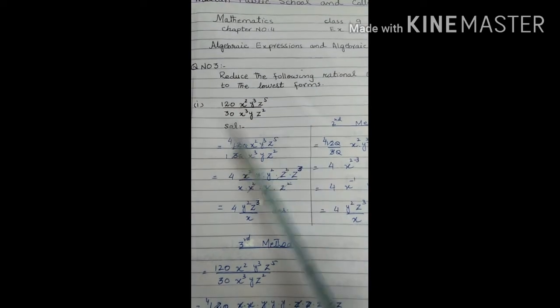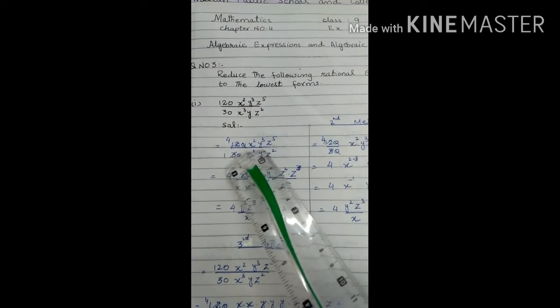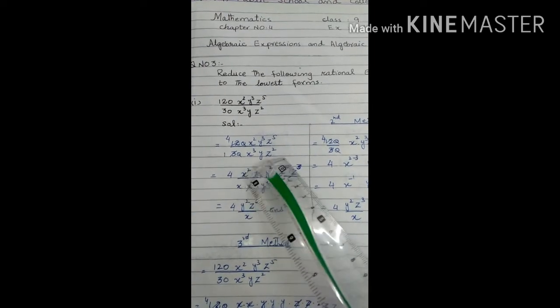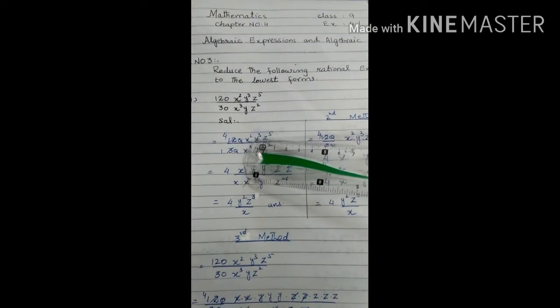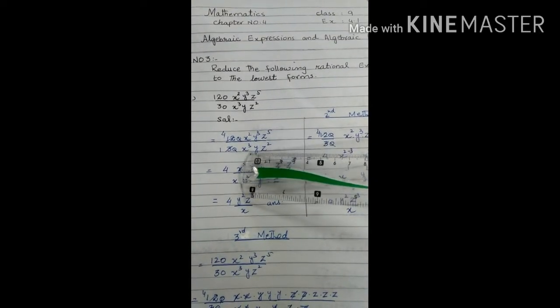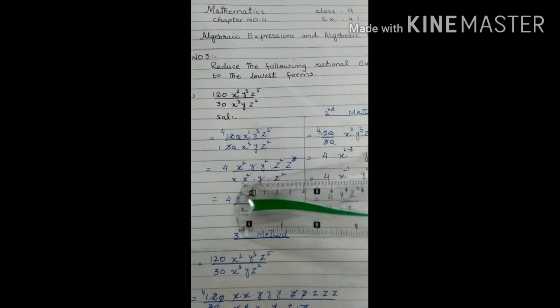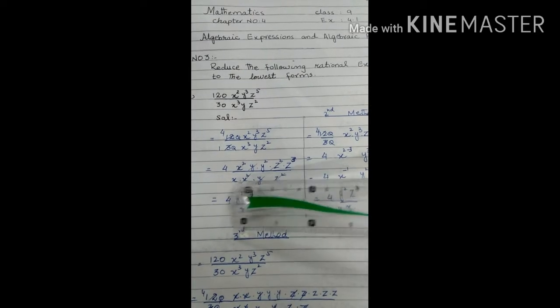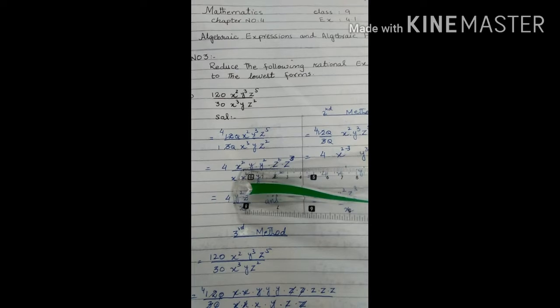Then we have to reduce these algebraic terms x square y cube z5 over x cube y and z square in their lowest term. In the numerator we have x square and in the denominator we have x cube. First of all, x cube should be split into x and x square so that x square can be cancelled with the numerator x square.